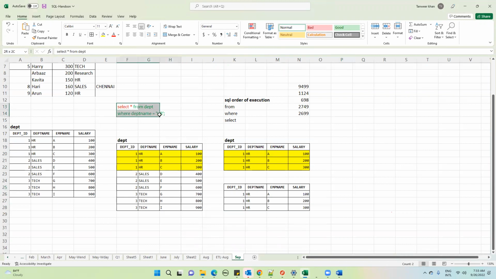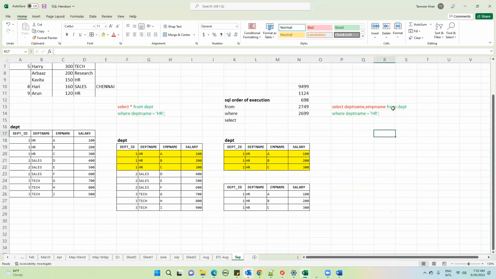Suppose the query is like this: SELECT department name, comma, employee name. Remove the star from here and suppose this is the query instead.